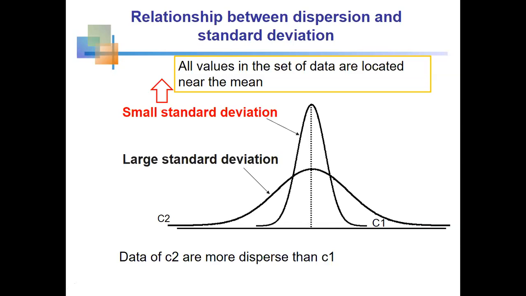So C1 will have a small standard deviation. Smaller standard deviation means most of the data is closer to the mean compared to C2. In C2, most of the data is further from the mean. Okay, it is far from the mean. So this is the relationship.